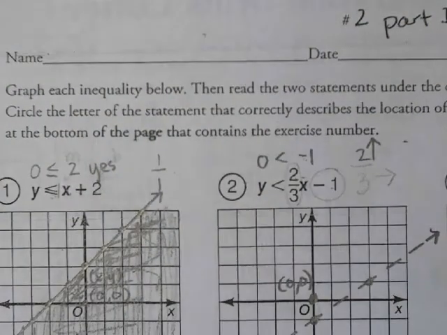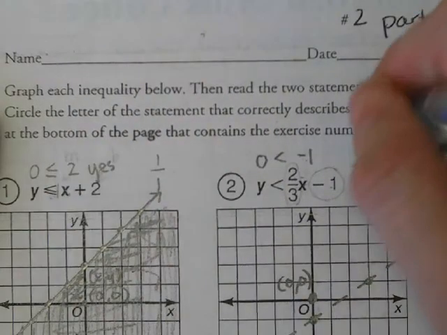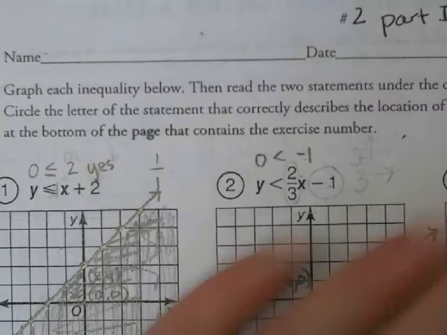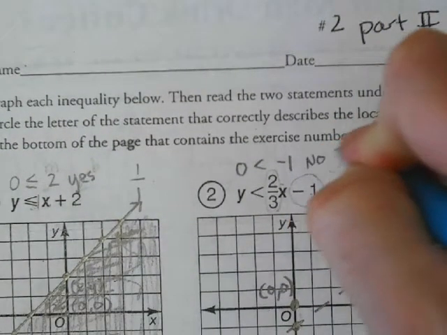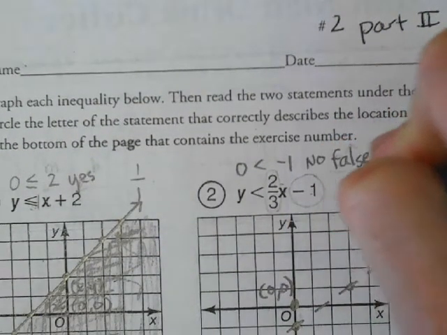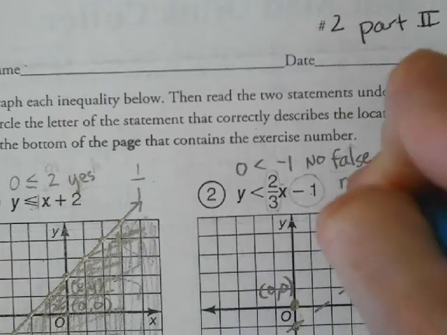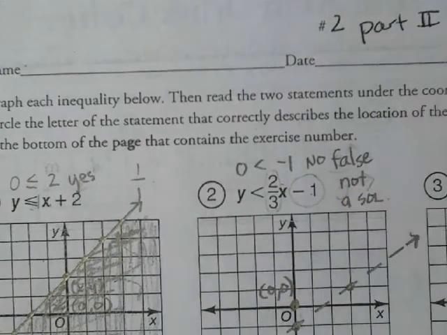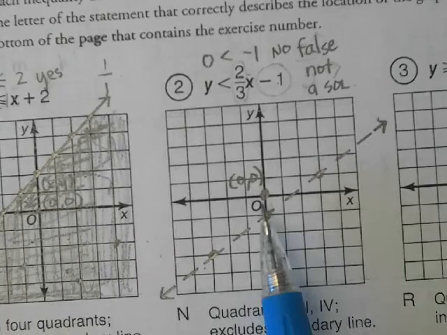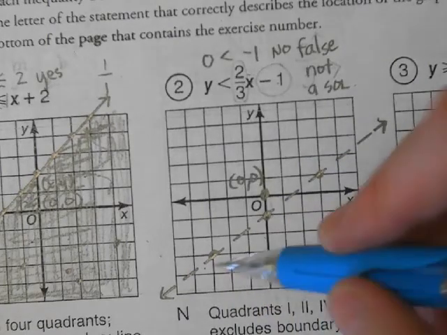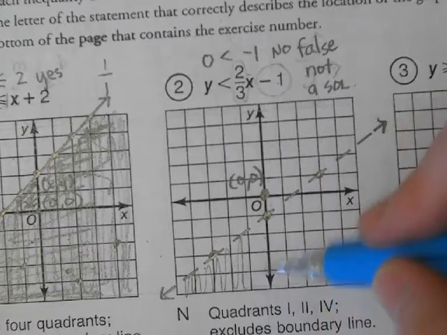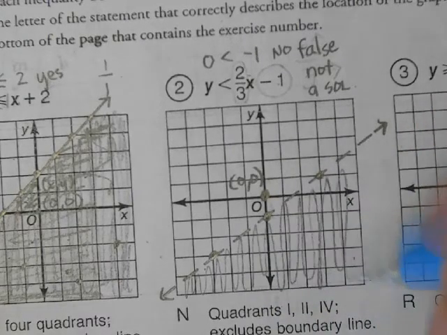Let's see. Is 0 less than -1? No. So this is false, or we could say not a solution. Well, if this is not a solution, that means none of the solutions are above the line. So the solutions must therefore be below the line. They're all down here.